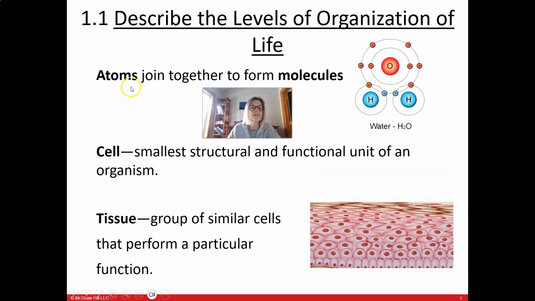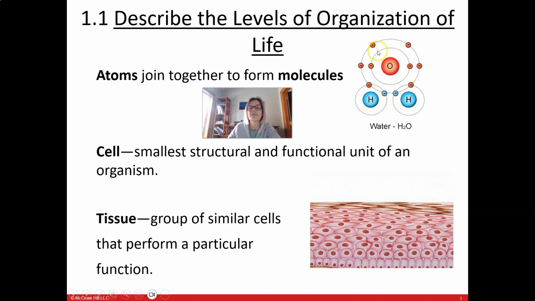All living organisms, the most fundamental parts that they're made of are atoms, and we're going to talk about chemistry in the next module. But remember, the atoms are made up of the unique elements. And so in this molecule of water, we have three different atoms. We have one atom of oxygen and two atoms of hydrogen.